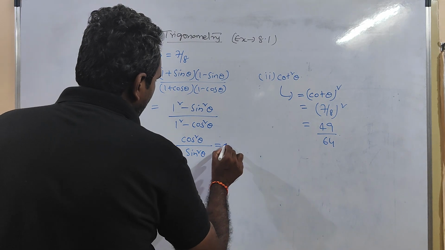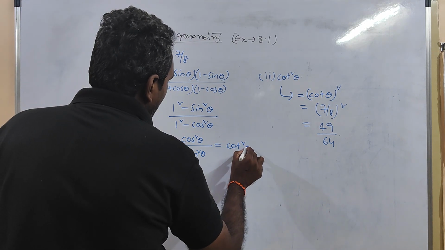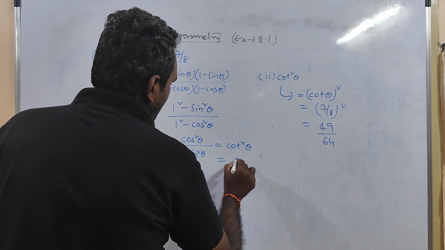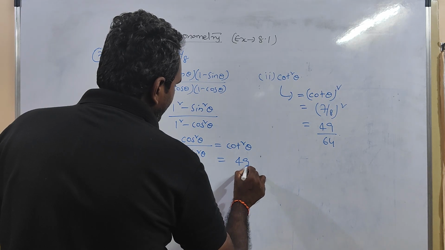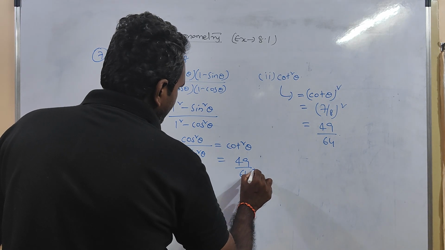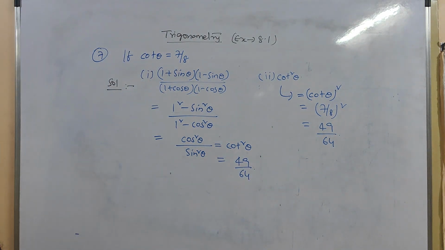This is also cot square theta only, and this answer also has to be 49 by 64. Am I clear or not?